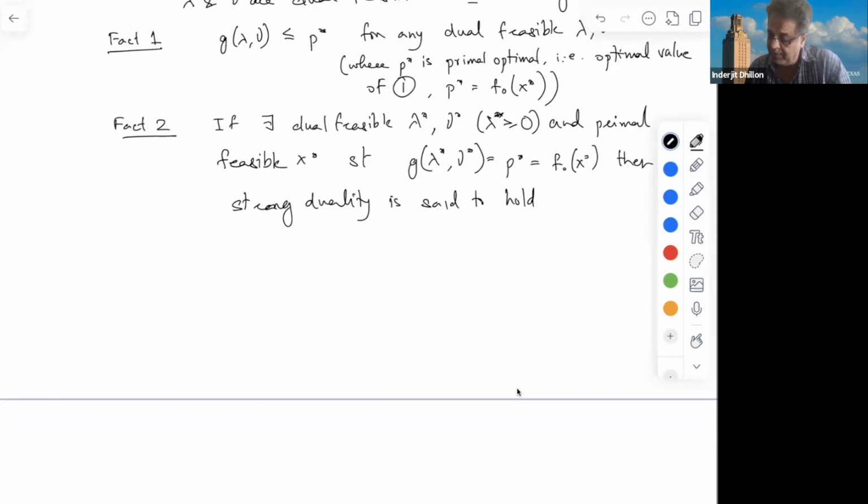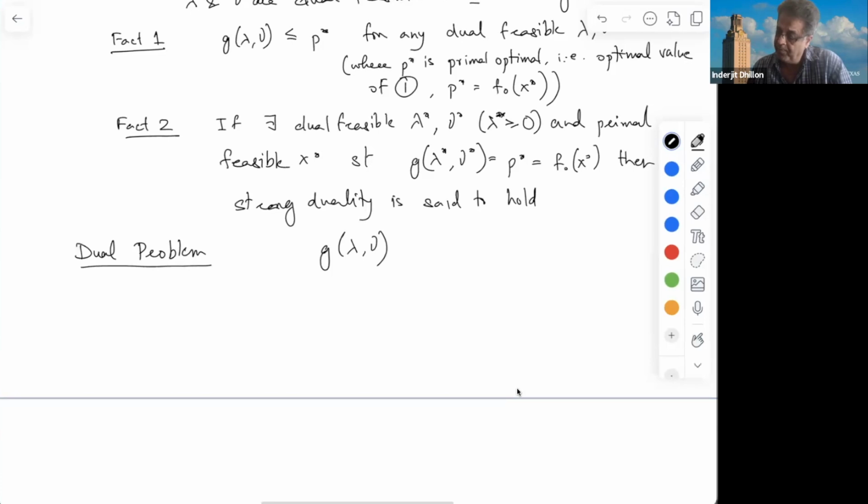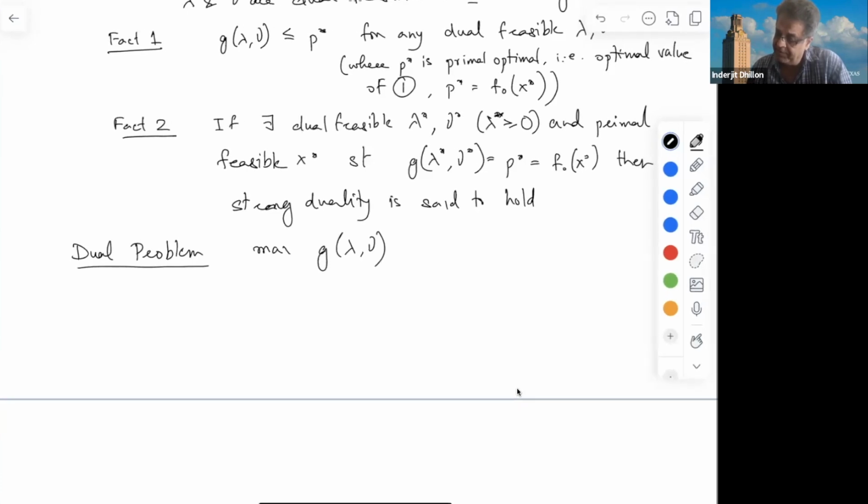We will now look at the dual problem, which is: I take the dual function and I'm going to maximize it over lambda and nu. The feasible region is where lambda is greater than or equal to 0.